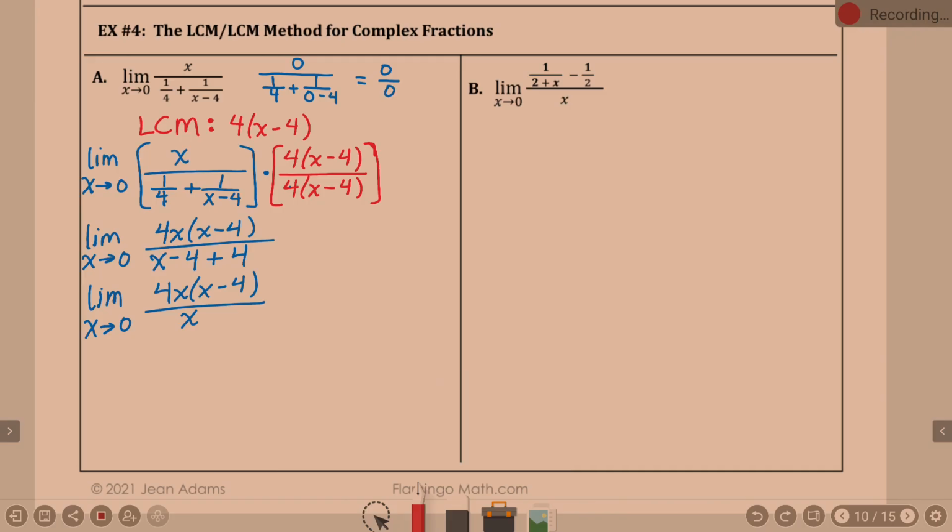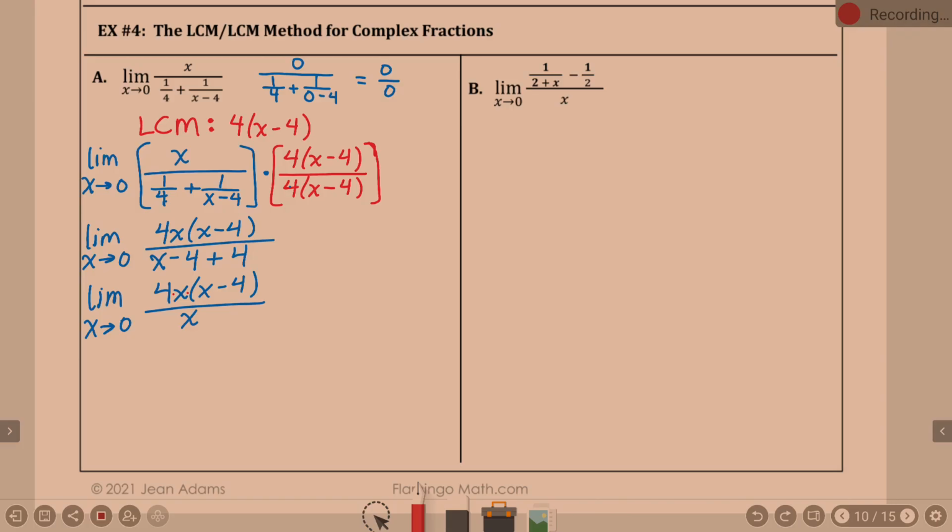Now, if you plug in 0 right now, we still have a problem. But that's just because there's one more small piece of canceling we can do that will solve the problem. What can cancel? On top, this is 4 times x minus 4.